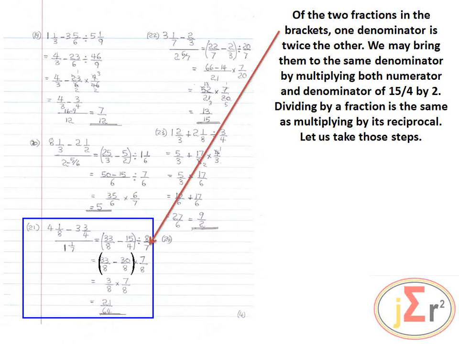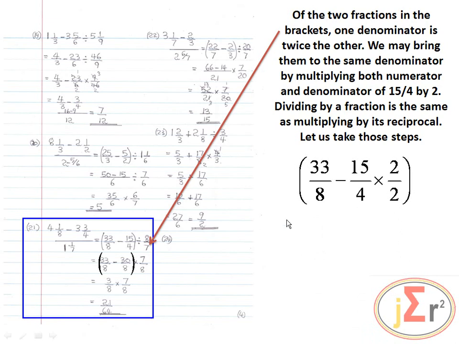By multiplying the denominator by 2, we will have equal denominators, or we say common denominators. However, the fraction will not be the same as the one before. So in order to cause it to be the same as the one before, we also need to multiply the numerator by 2. And we will also make use of the fact that dividing by a fraction is the same as multiplying by its reciprocal. So let us take those steps.